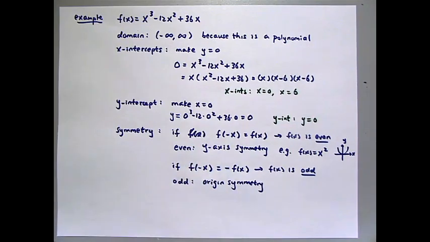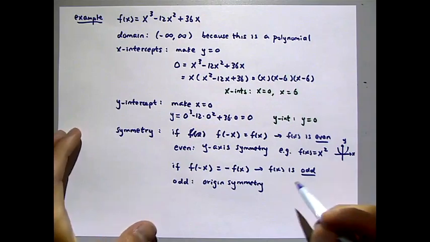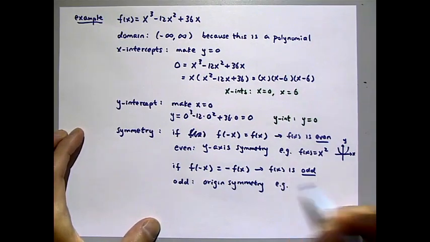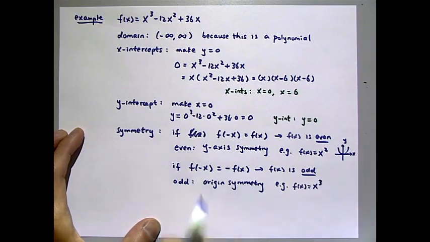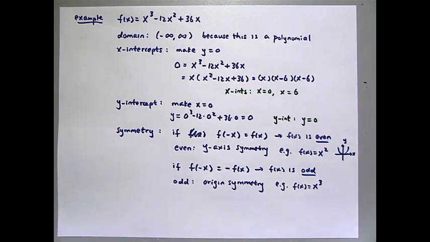Whatever happens on one side of the origin happens on the other side. A very simple example to keep in mind is x cubed. If I substitute in negative x for x, then I get negative x cubed, which is the negative of x cubed, and that's the negative of what I started with.